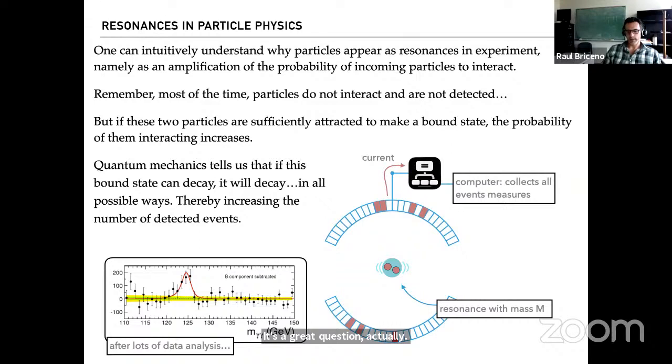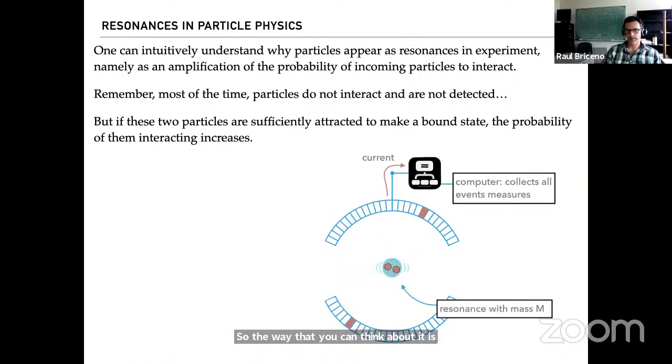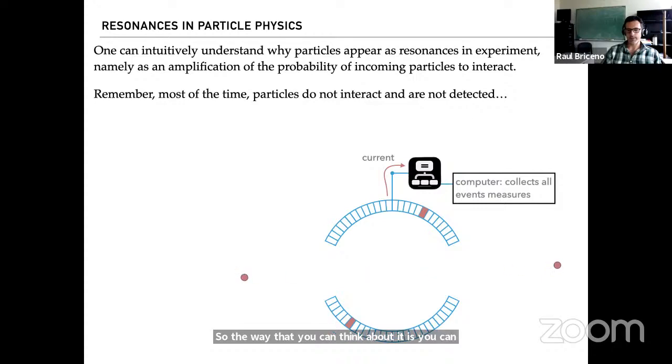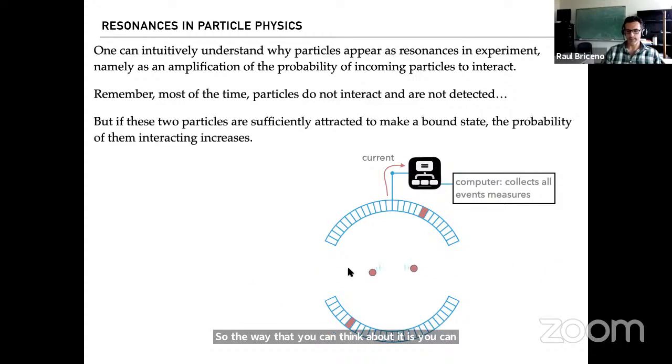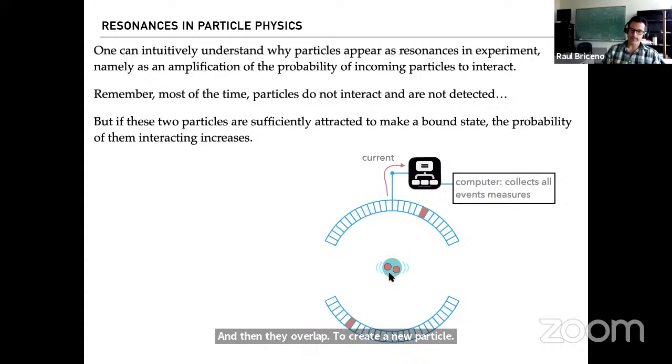So the way that you can think about it is you can certainly describe this as basically the probability of that event, right? You had two particles, and then they overlap to create a new particle. So what you can do is construct the wave function.